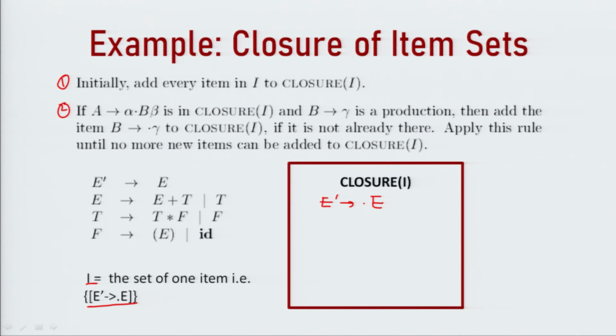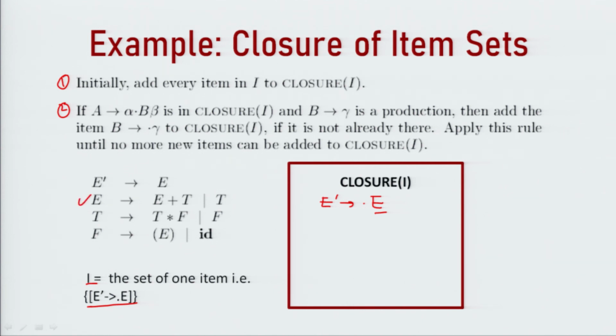Next, we see whether we can add more items. We see what is just after the dot. Immediately right of the dot, we have capital E, and E is a non-terminal. Now, we are forced to look at E productions.